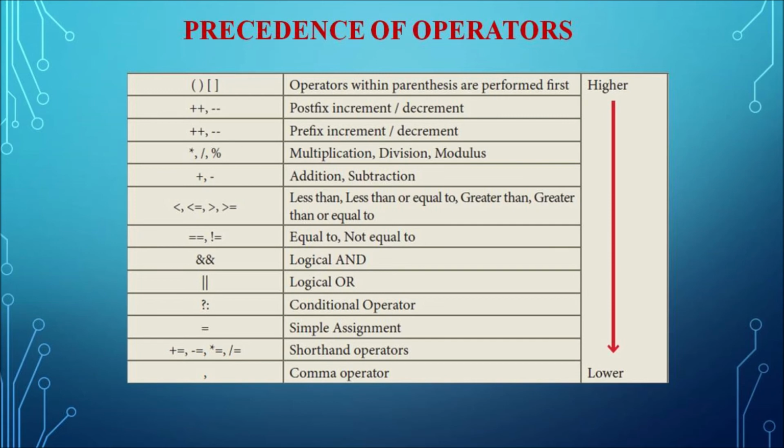Also, in assignment we have additional subdivisions like shorthand operators, such as plus equal to. For example, a plus equal to 1 can be written as a equal to a plus 1. Like this, shorthand operators are used. The last one is the comma operator, which has the lowest priority.